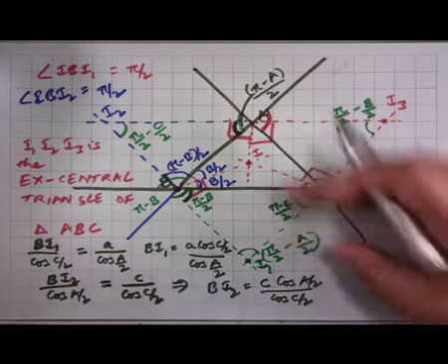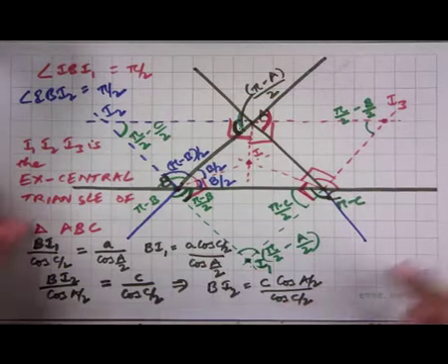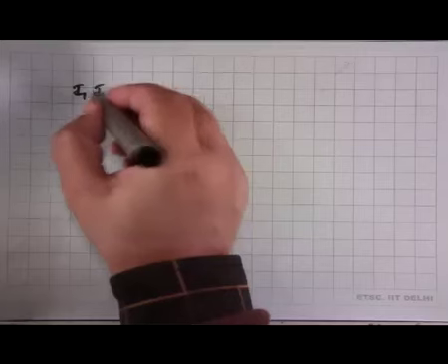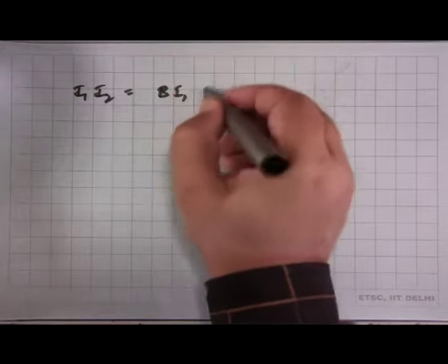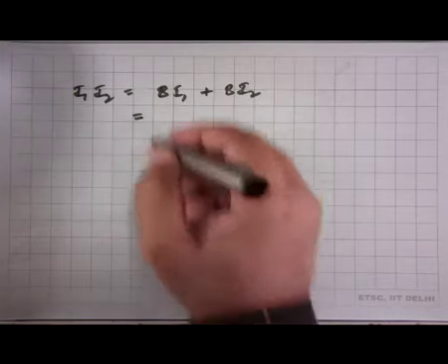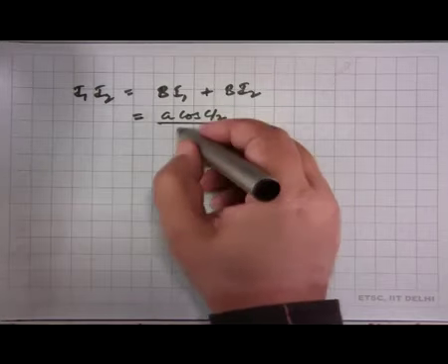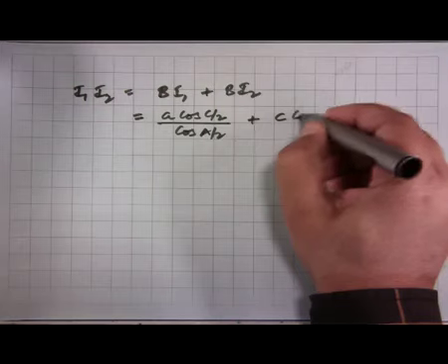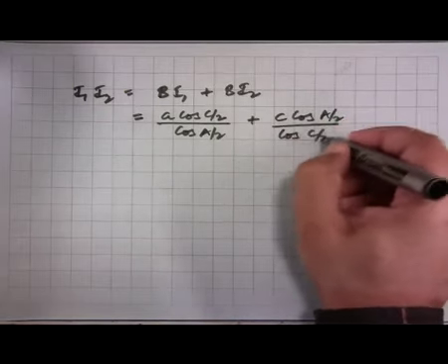Now, to find the expression for the length I1I2, we just need to add these two expressions, and therefore I1I2 is equal to BI1 plus BI2, which is equal to a cos(C/2) over cos(A/2) plus c cos(A/2) over cos(C/2).